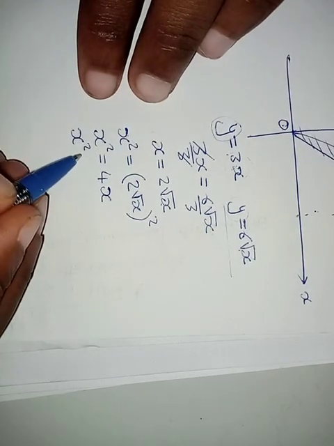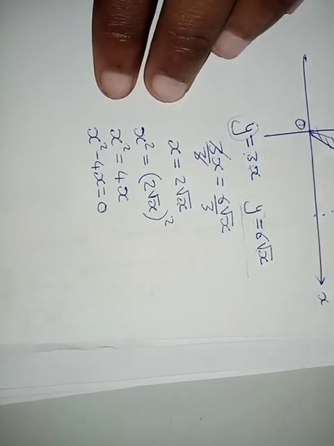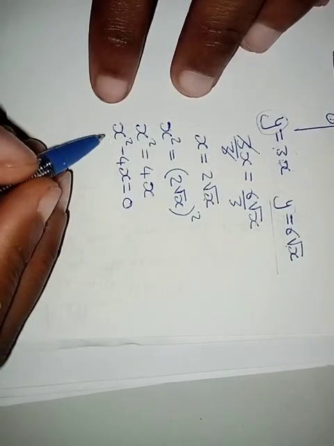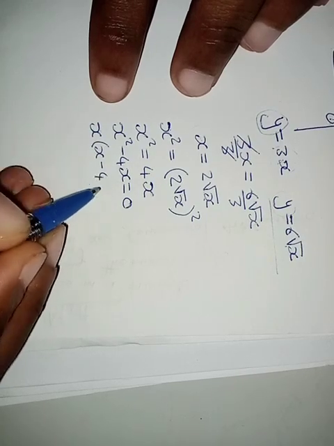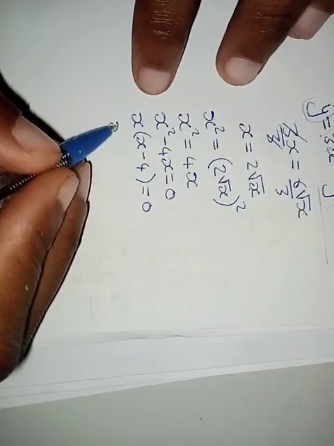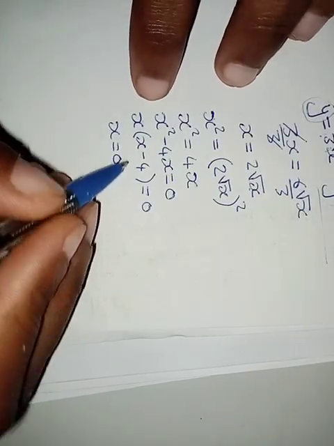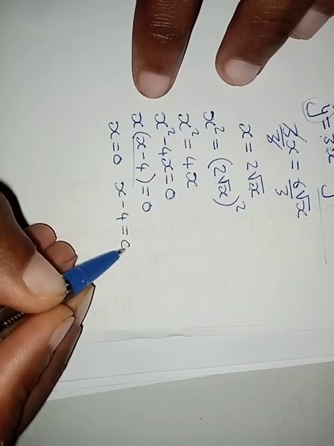So we should have x squared minus 4x is equal to 0. By factorization, we say that x is common, then we have x minus 4 is equal to 0. Then the first value of x, we say x is equal to 0, then the other one is x minus 4 is equal to 0.